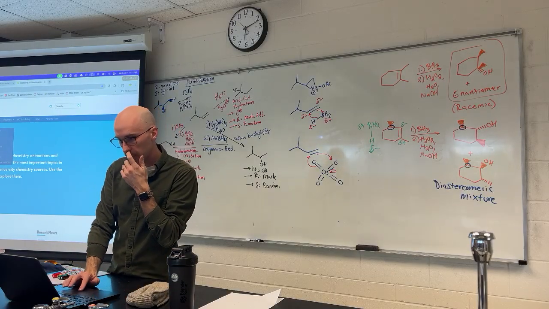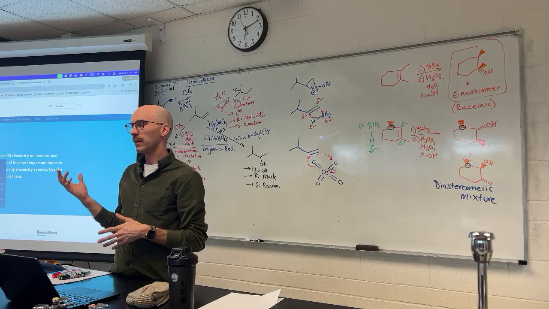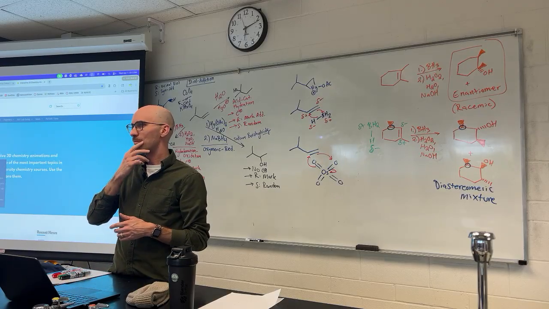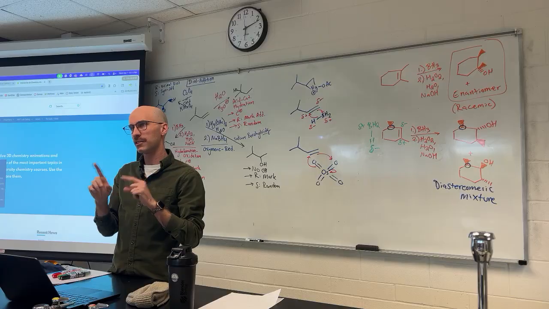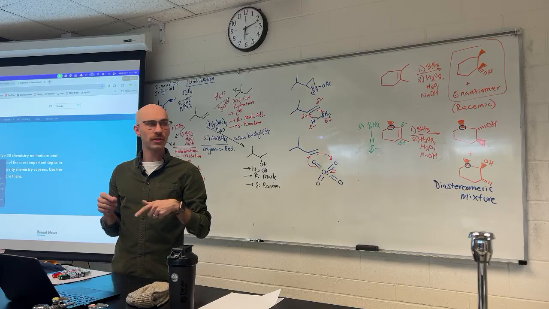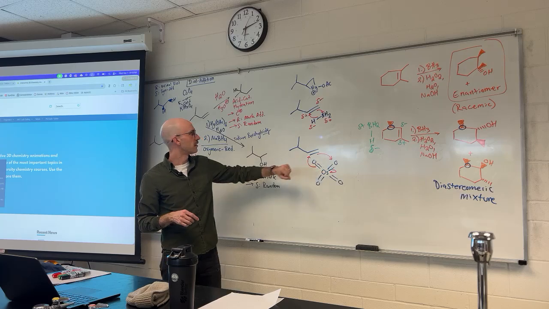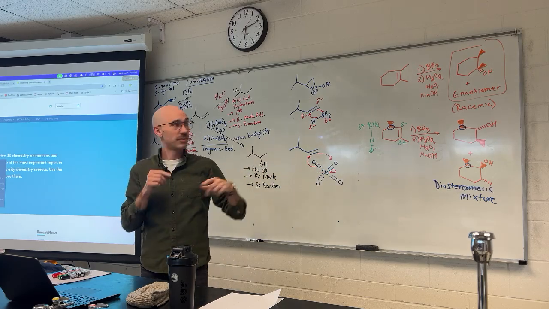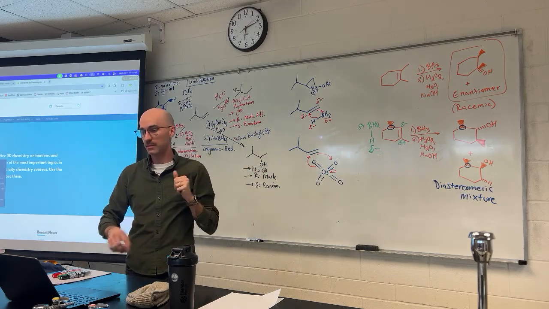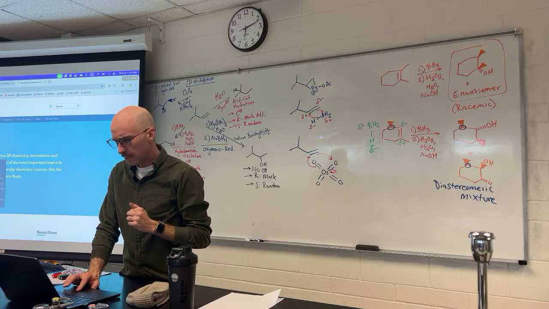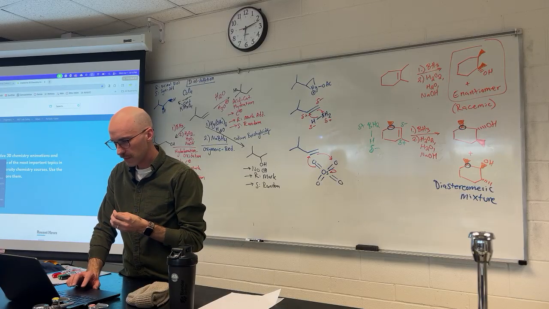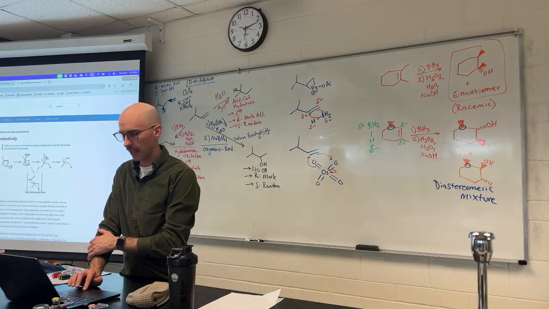So we are doing electrophilic addition to alkenes, which means that the alkene is predominantly acting as the nucleophile here, and we saw it act as a nucleophile with these acid-base reactions. Let's look at this regioselective addition.